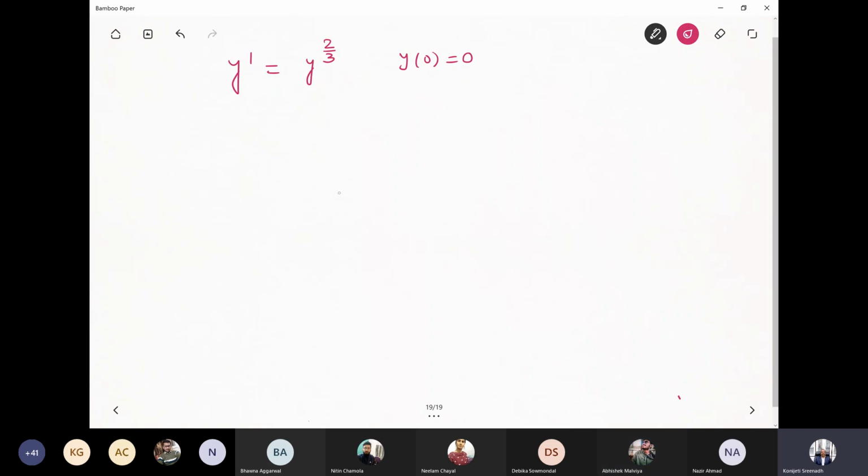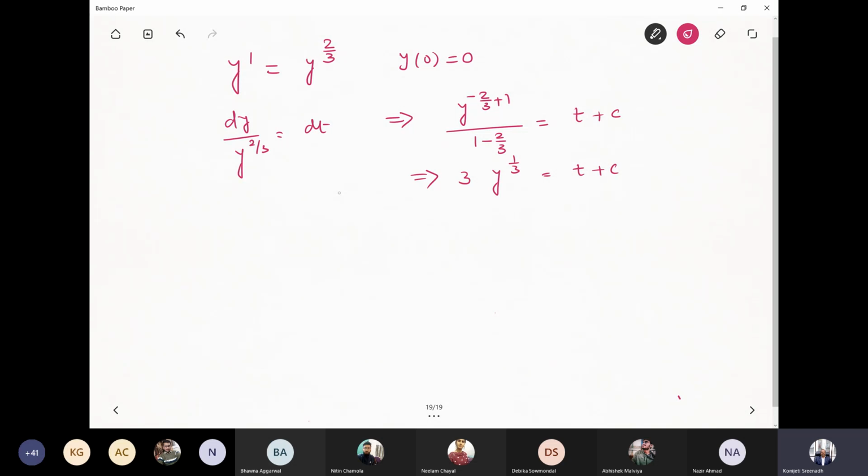So this is going to be dy by y power 2 by 3 equals to dt. So this implies y power minus 2 by 3 plus 1 over minus 2 by 3 plus 1 equals to t plus c. Okay, so this is 3 minus 2, 1 by 3. So this is 3, and this becomes y power 1 by 3.